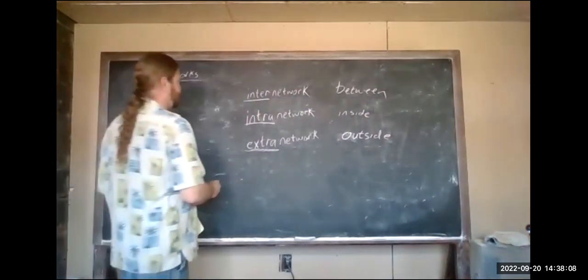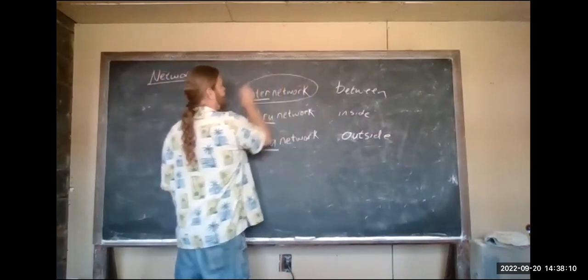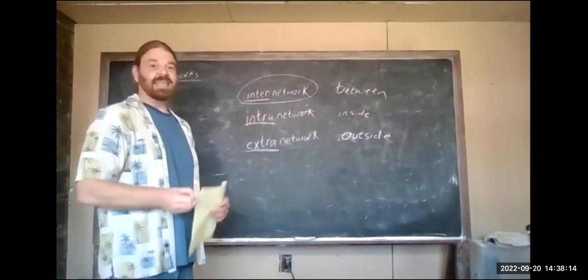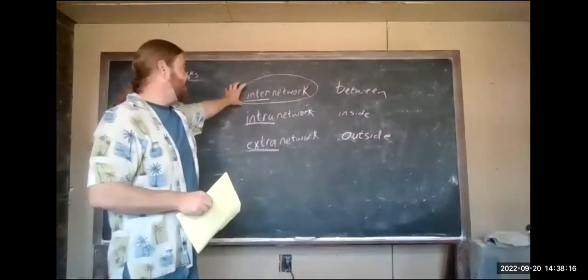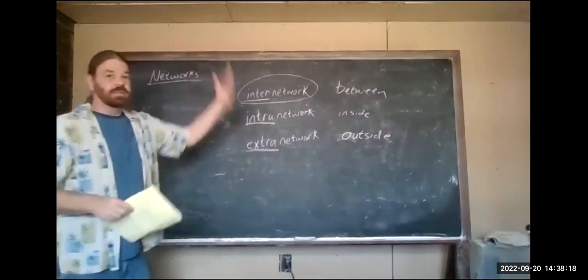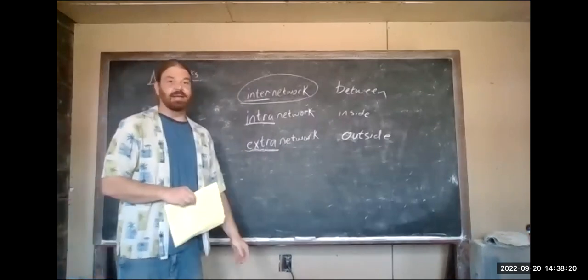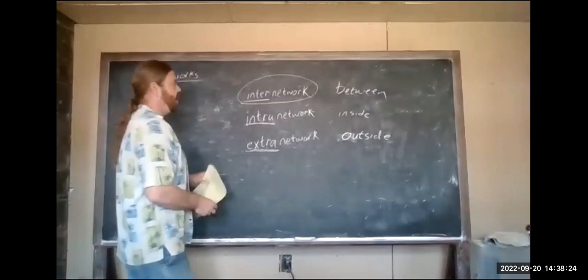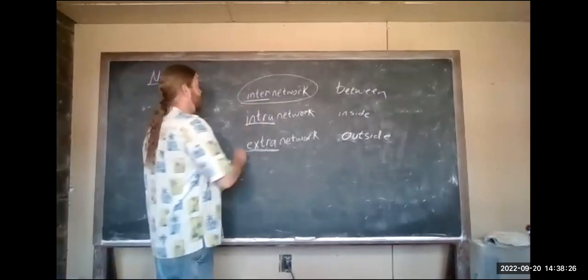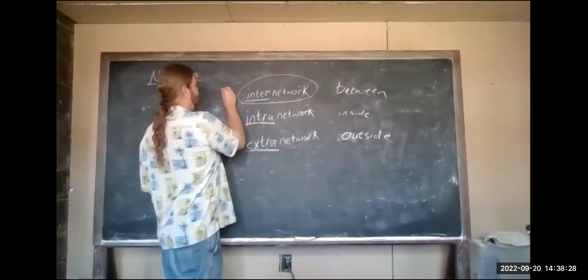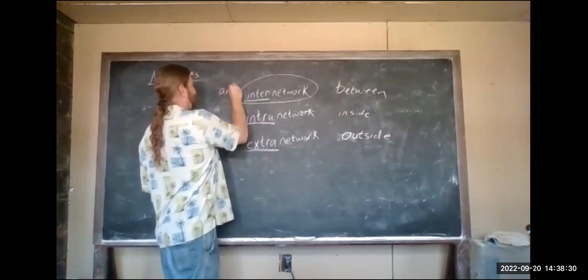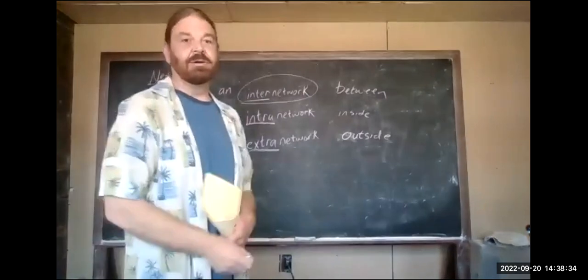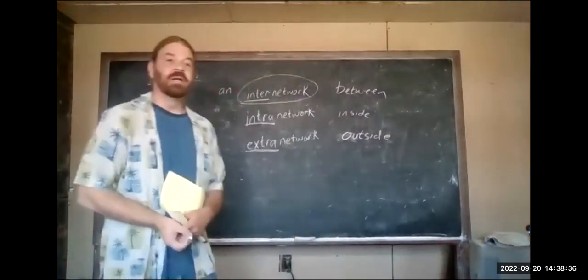But this one's kind of different, right? So I just said that's an entire category of things, which if we go back to just English language articles on that, internetwork, that means there's a lot of them. So we'd use the article with internetwork, because it's just another of many, many internetworks.